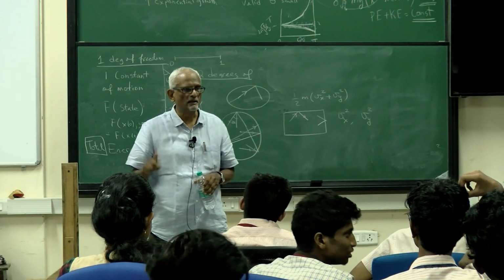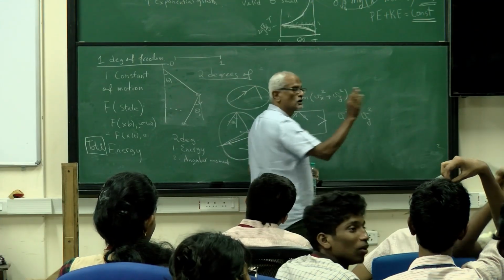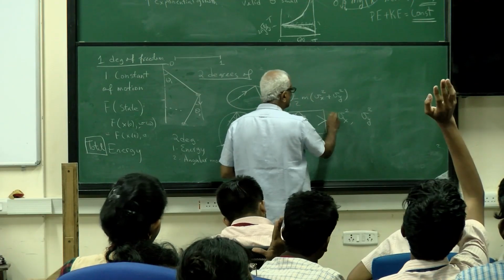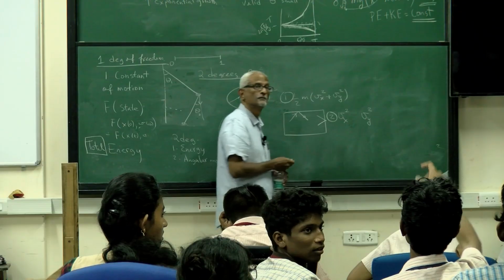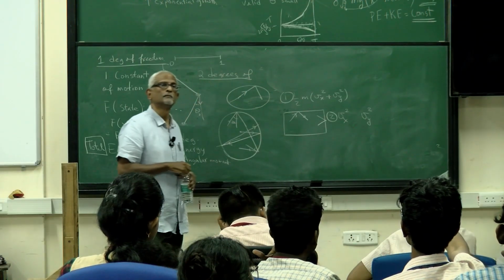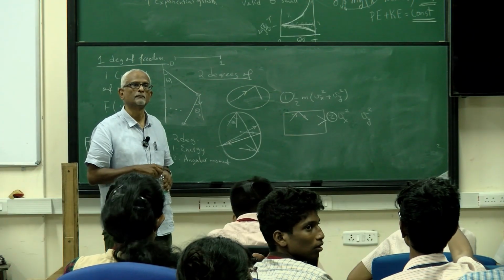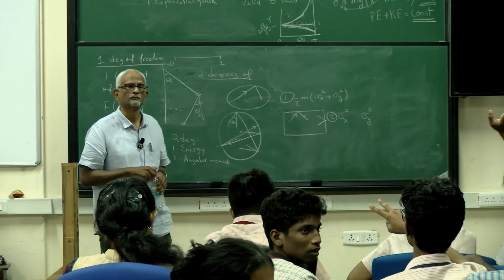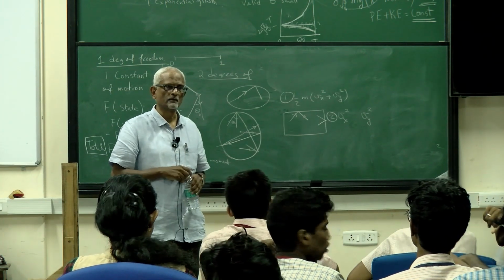These two are independent. Vx square and Vy square are two constants, or you can consider this as one and this as second. Sir, in that case, if we have those two independent constants, can we not say that the total energy is just a result of the constants here? Yes, you can. So our two constants here are Vx square and Vy square, not the energy.